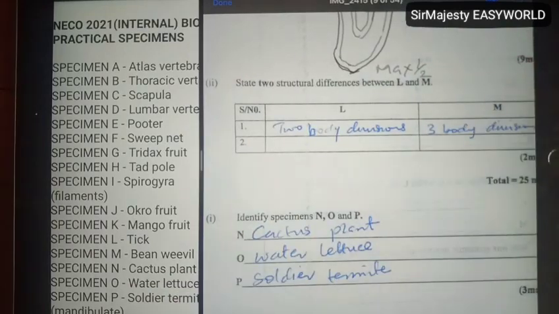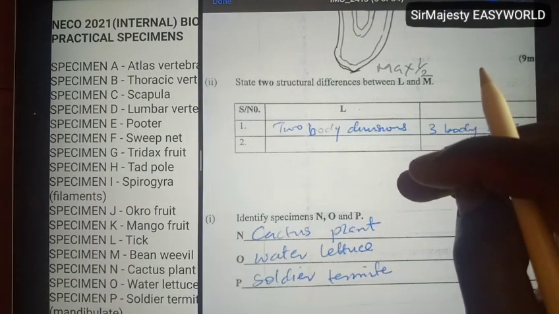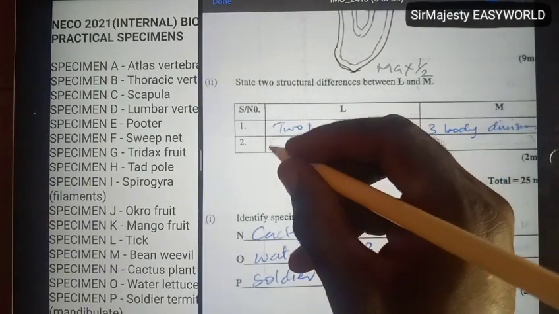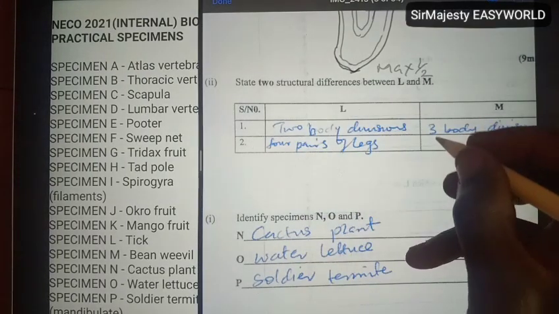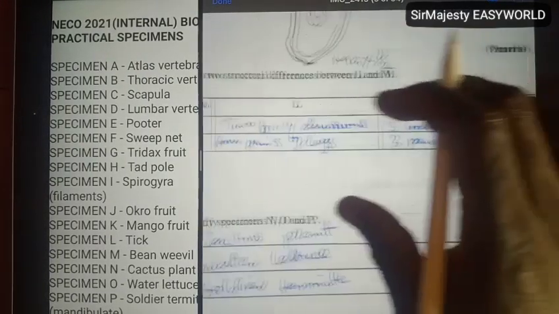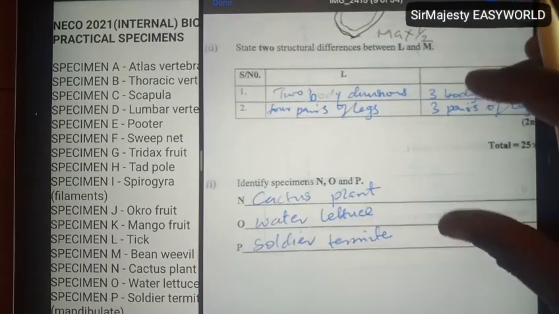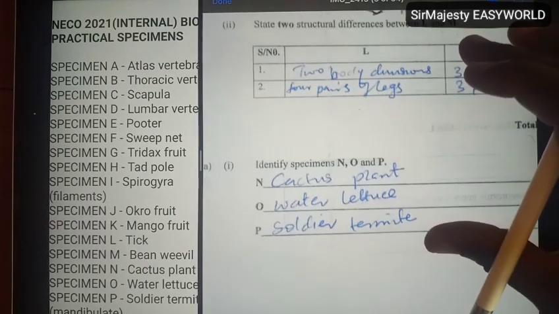Then structurally, the tick has 4 pairs of working legs, and this one has 3 pairs of legs. Okay, the mandible present? No, none of them have mandible actually. Okay, those 2 are enough.